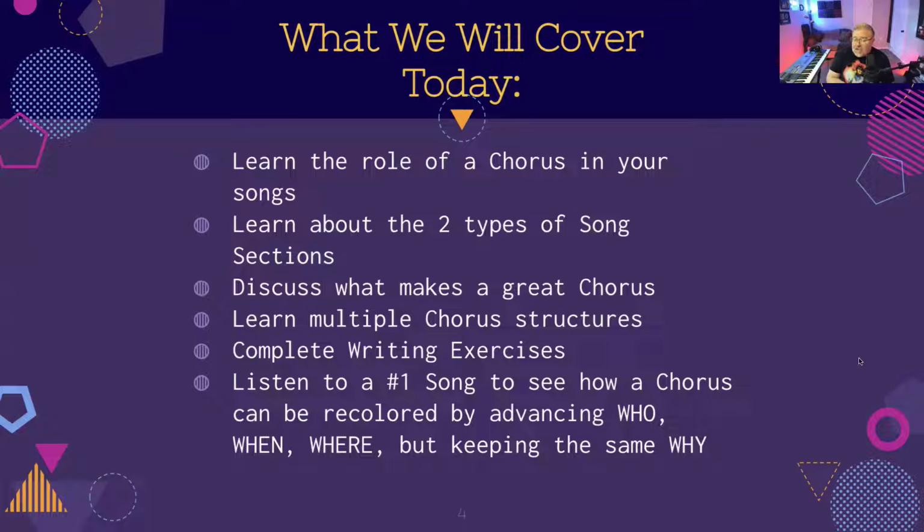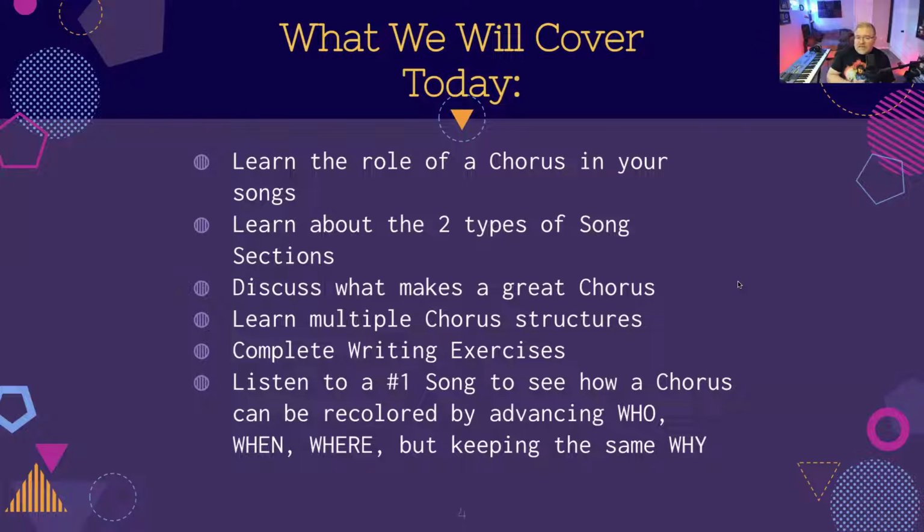We're also going to discuss what makes a great chorus. We're going to learn multiple chorus structures. We're going to do some writing exercises. And then we're also going to listen to a number one song to see how your chorus can be recolored by changing and advancing a who, when, where, but keeping the same why of your song. So lots of stuff to cover today.